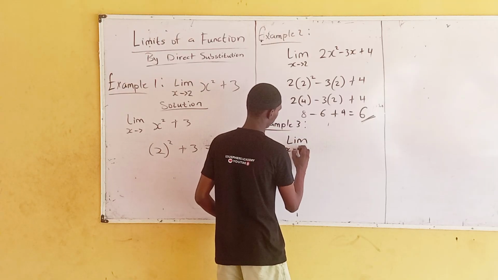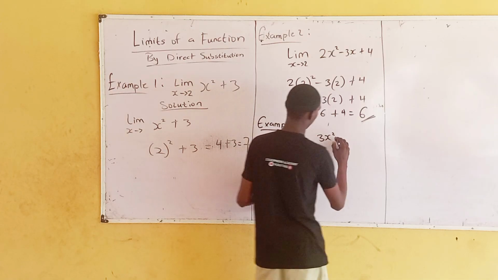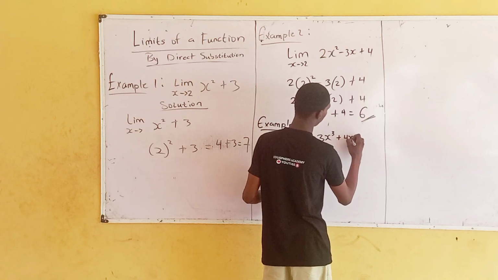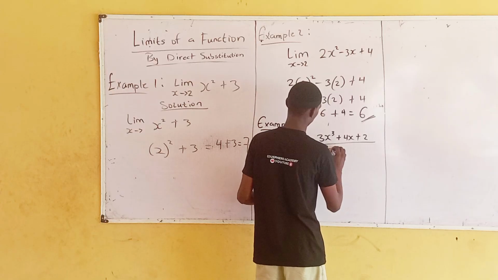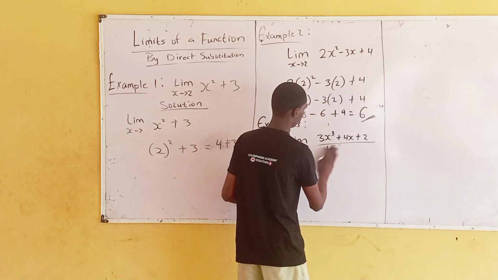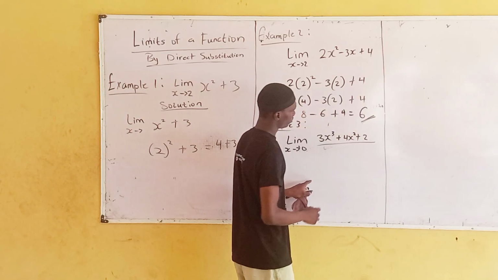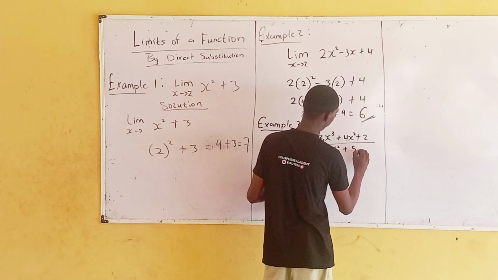Lim x tends to 0 in 3x cubed plus 4x squared plus 2x over x squared plus 5x.